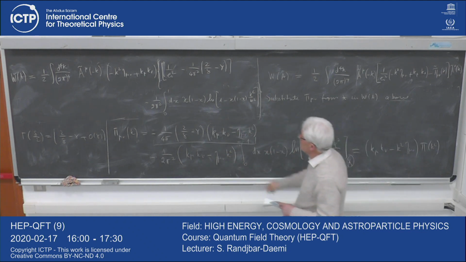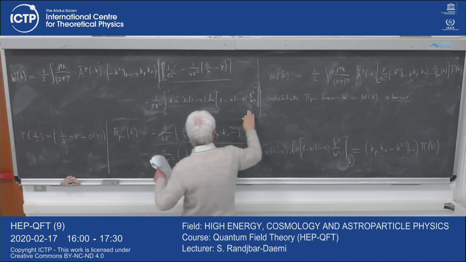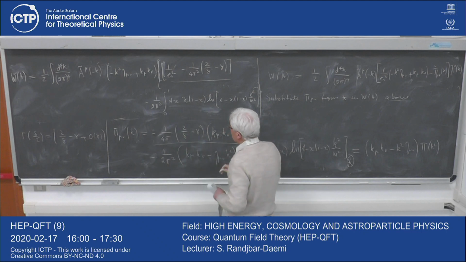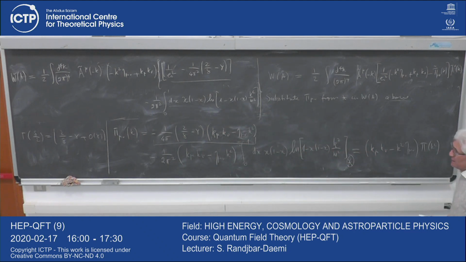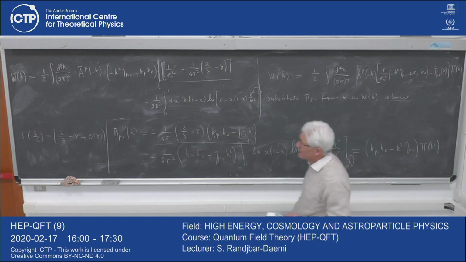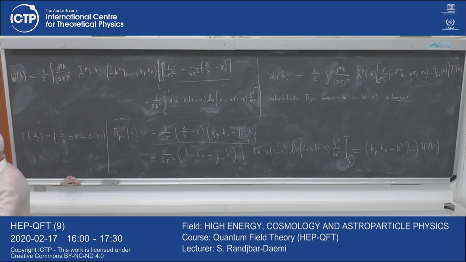There is a constant piece here, and there is the effect of the loop. This is our effective action for the Maxwell field when you take into account the effects of the one loop coming from the fermion integration.